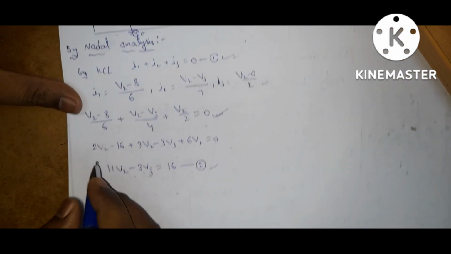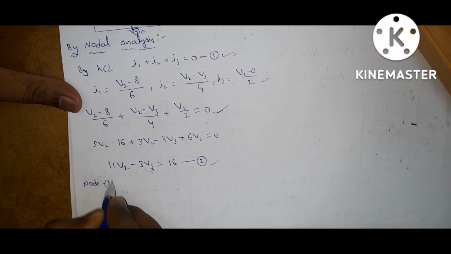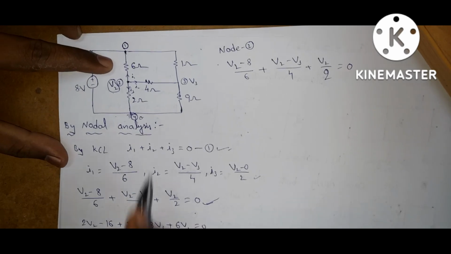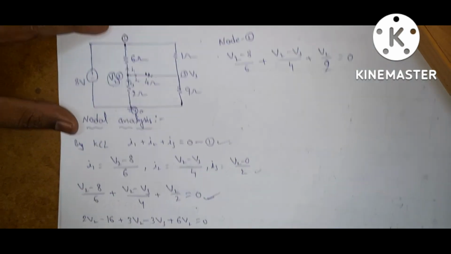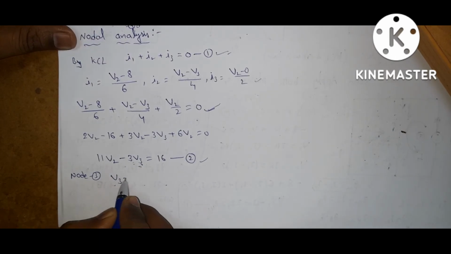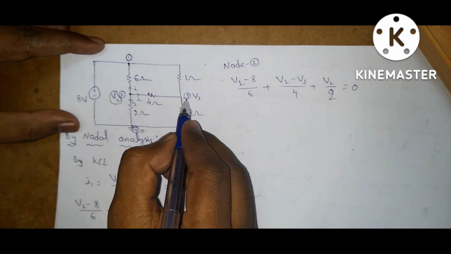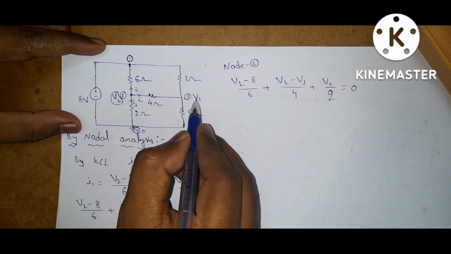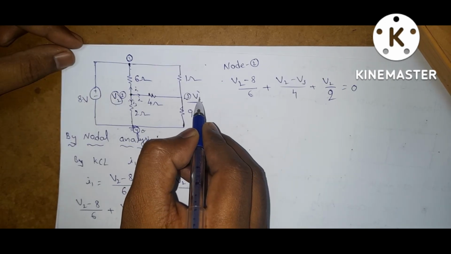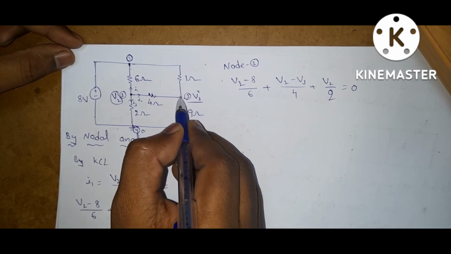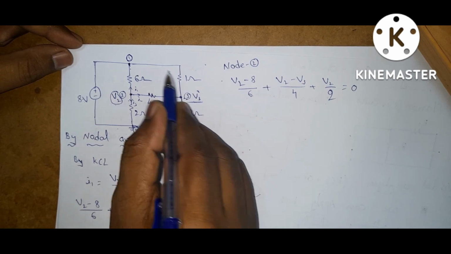Now write the node equation at node 3. V3 minus V1, where V1 is 8 volts. So it is V3 minus 8 by 1 ohm plus V3 minus V2 by 4, because here we are writing the node equation for V3, so this node is at higher potential. If it is higher potential, all currents are leaving from this node.